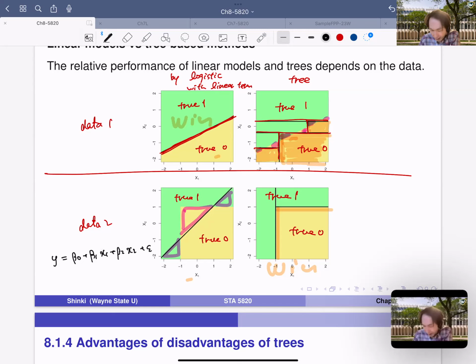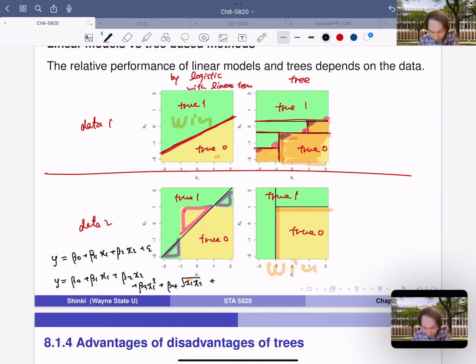If you modify this linear model into, for example, beta naught plus beta 1 x1 plus beta 2 x2 plus beta 3 x1 square plus beta 4 square root of x1 x2 or something, then maybe it works excellently, but sometimes it works very poorly.